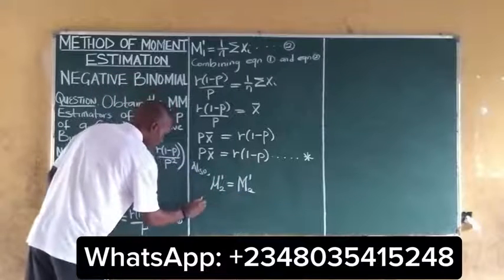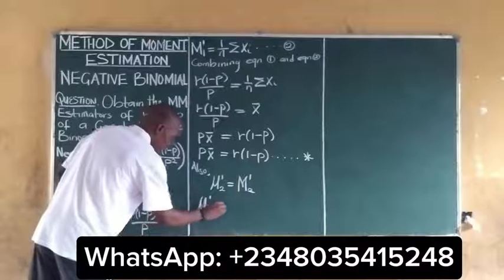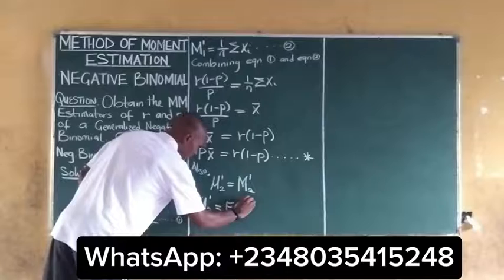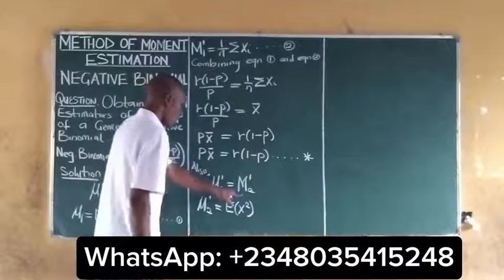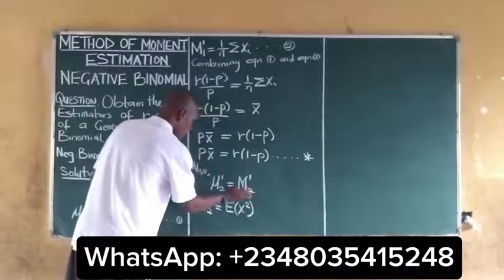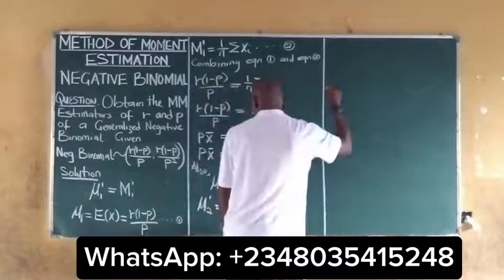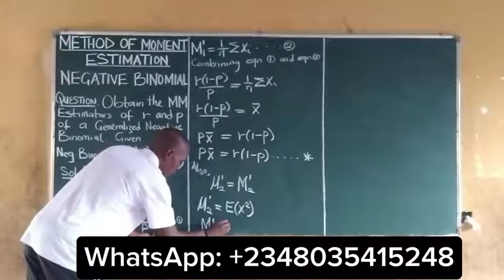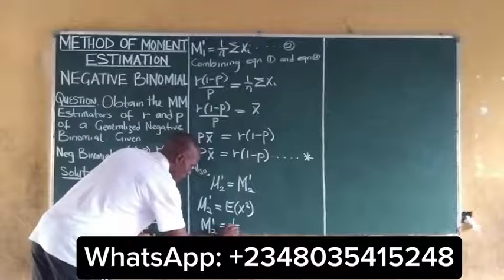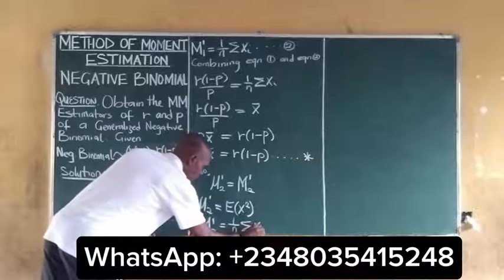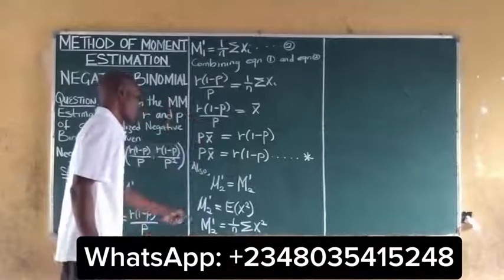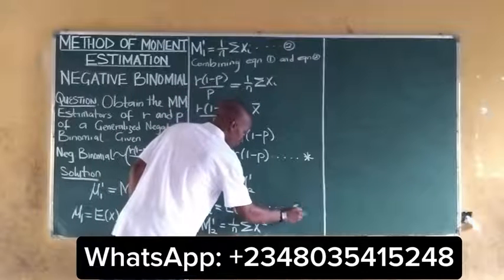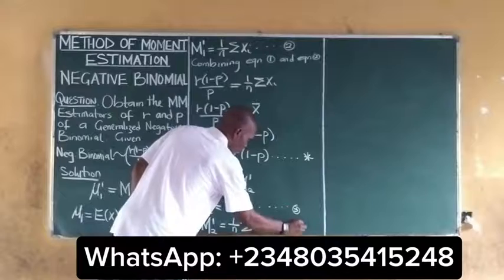It then means that this population mean is equal to the expected value of x squared, while this is the sample mean, which is 1 all over n summation of xi squared. We take this as our equation 3 and this as our equation 4.